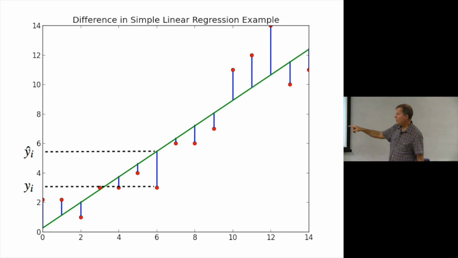Now you see this green line here? This green line is plotted with a particular slope and a particular intercept. For this slope and intercept, I've taken that one data point in the middle, and you see ŷᵢ is the y value on the line, whereas yᵢ is the y value of the data.